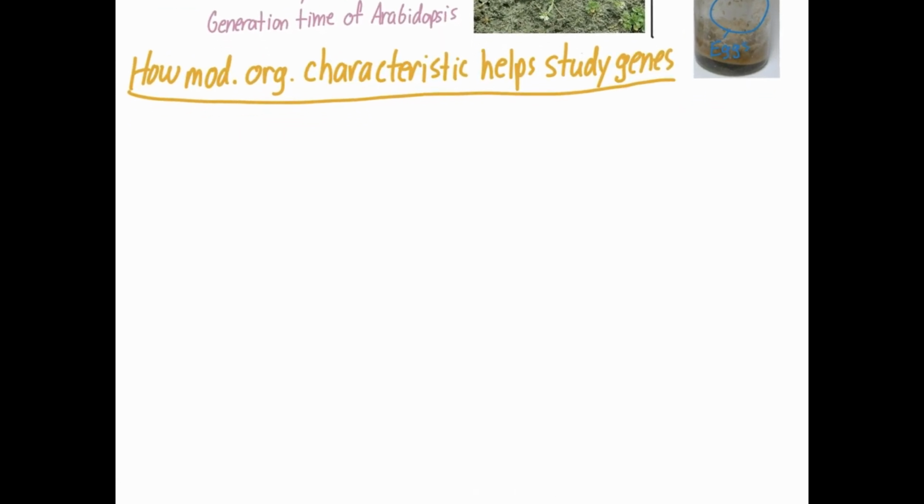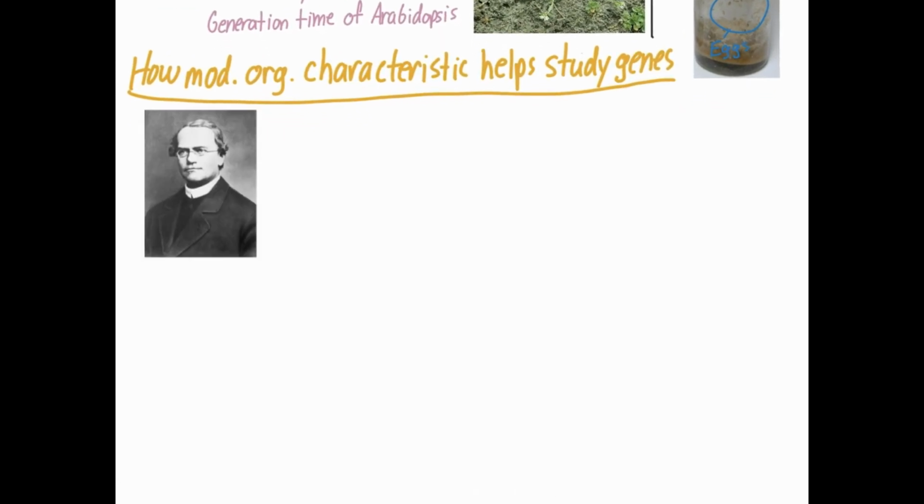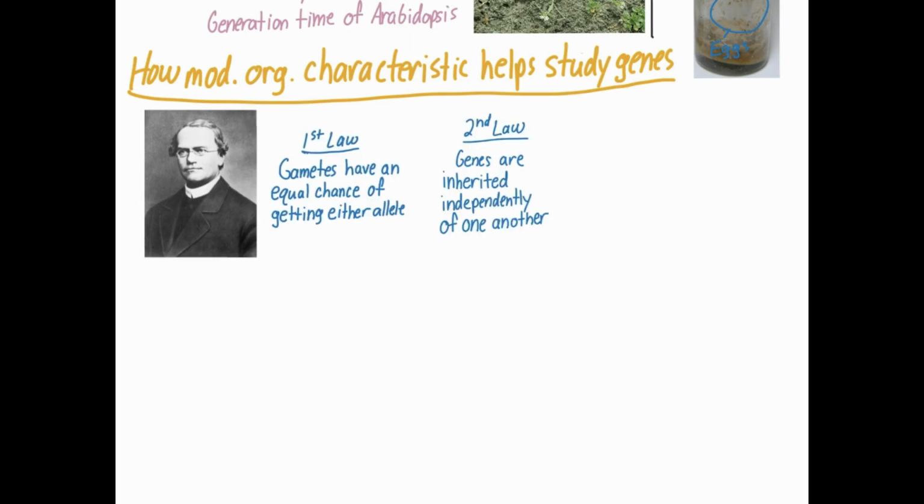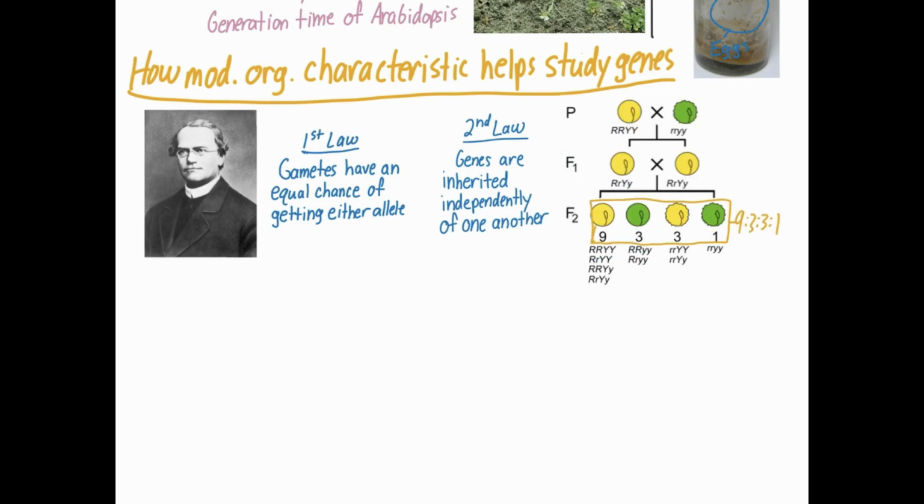Getting lots of offspring from crosses was important for Mendel in particular because in order to come up with his 2 laws, he needed to observe the ratios of different phenotype combinations in the offspring of his crosses. For example, this 9:3:3:1 ratio.